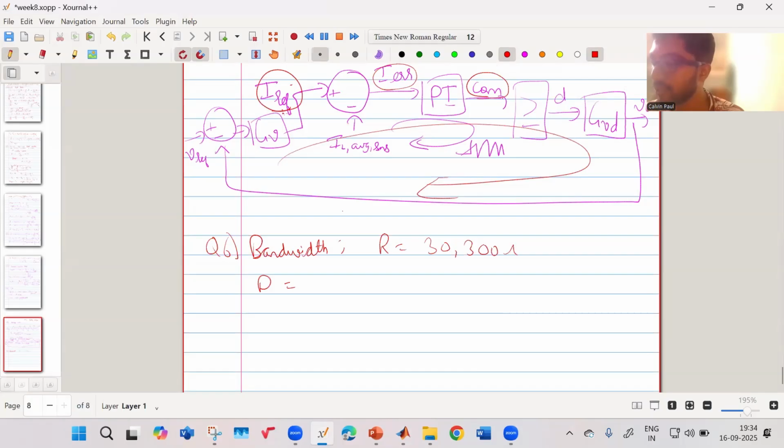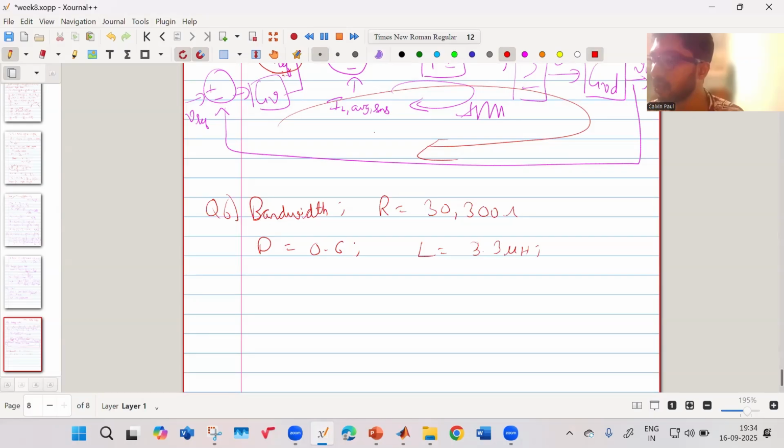Your D, as you have told, is 0.6. Your L is 3.3 microhenry. So what is the range of omega RHP? Let us say there's omega RHP 1 and omega RHP 2. This is your R1, this is your R2. Can you tell me these values? What will be omega RHP 1? What will be omega RHP 2? Calculate and tell me.